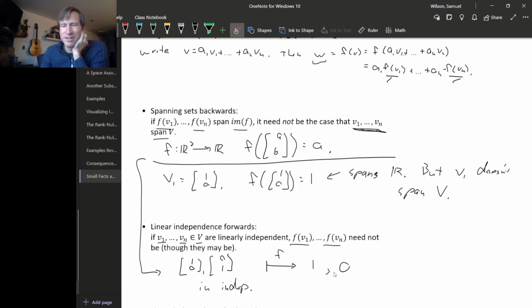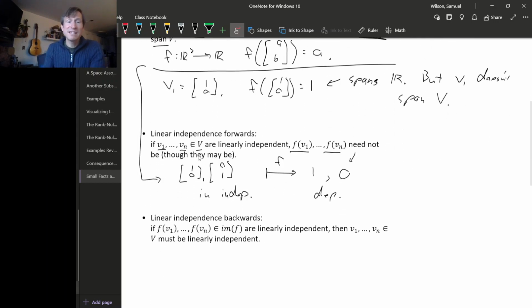And these are not linearly independent. You can't have a linearly independent set with the zero vector in it. So these are dependent, right? So it is not necessarily the case that a linear map turns linearly independent sets into linearly independent sets. It might, but not always.